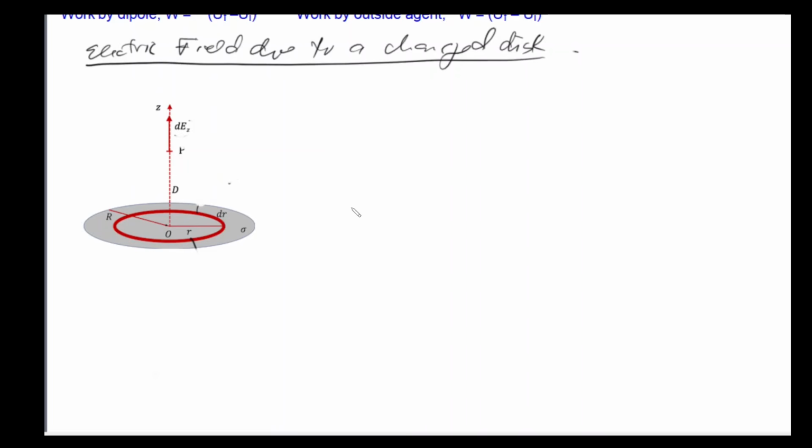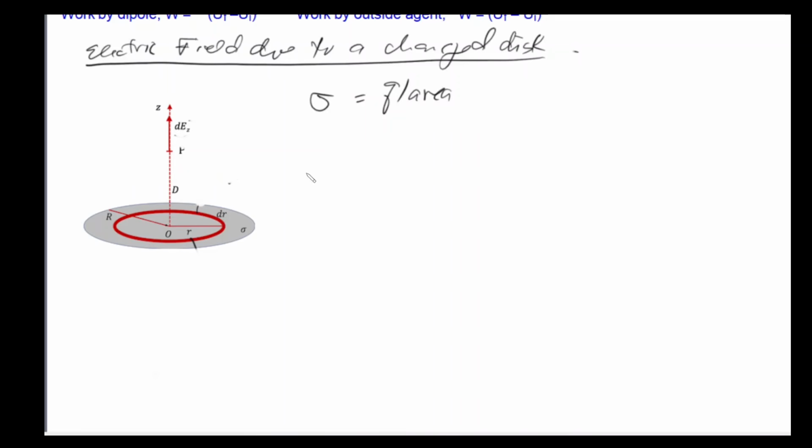Now let's go to 2 dimensions and look at an electric field due to a charged disk. So we would use the surface charge density in this case, which is equal to charge per unit area.